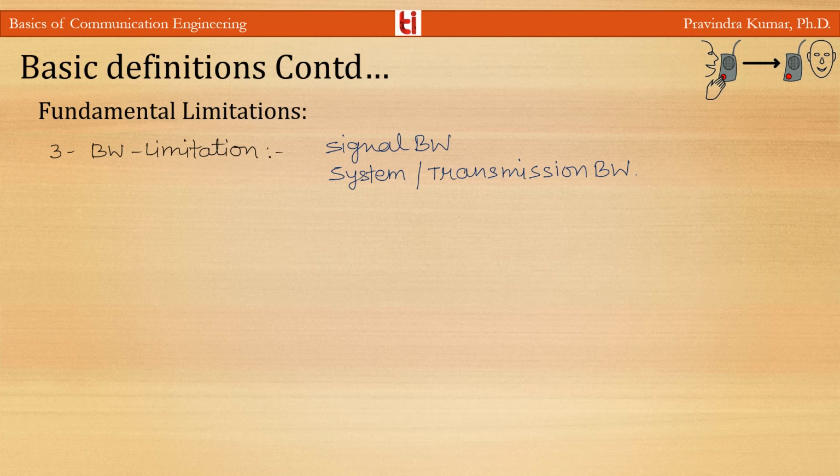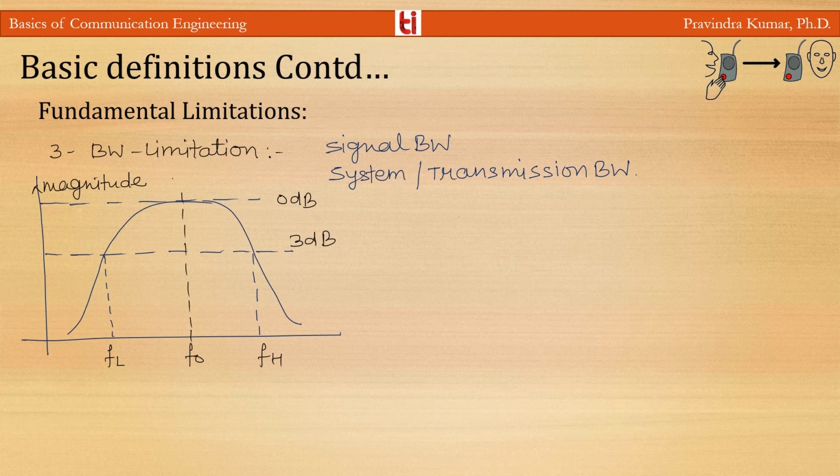So bandwidth is the difference between the upper and lower frequencies in a continuous band of frequencies, and it is measured in hertz. If you have a composite signal, which is a combination of different sine waves, with lower frequency component fl and higher frequency component fh, then the frequency band is the difference between these two frequencies.